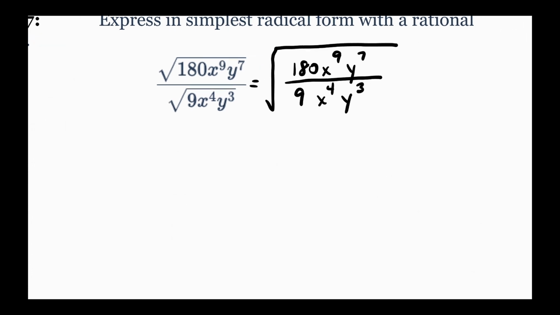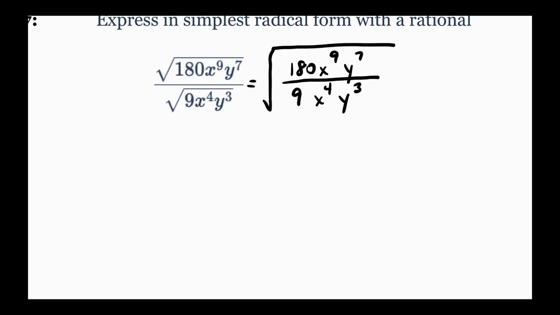Before I do pairs or triples or any of that stuff, I'm going to do division first because it's actually easier to do division right now. So I'm going to cut these into thirds.